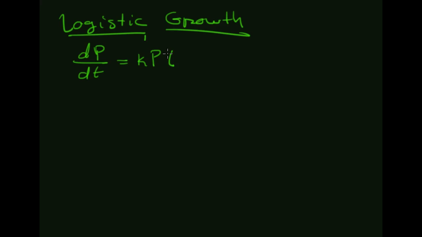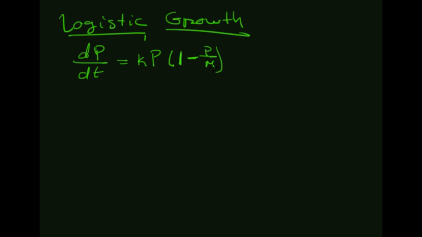Now, for simplicity's sake, we're going to assume that the carrying capacity is larger, and we're going to write this as 1 over p, 1 minus p over m. So what's the logic there? There's a kind of ratio game going on here, but we'll play this out.